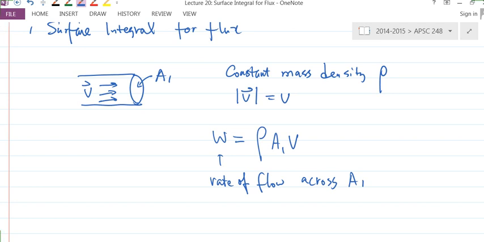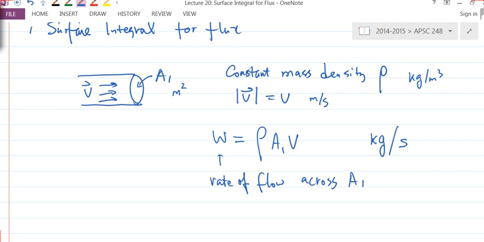So in terms of units, if the density is kilogram per cubic meter, velocity is meter per second, and the area is meter square, then the rate of flow W gives us the unit kilogram per second, right?